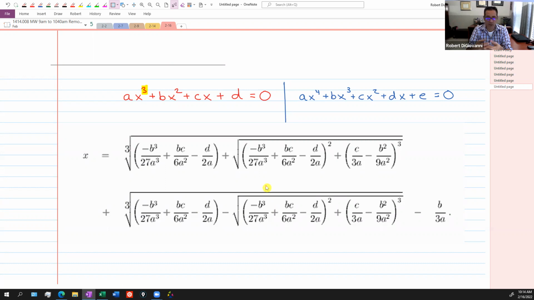I'm not saying we've never been able to discover the 5th degree equation. We've actually been able to prove that it does not exist, that it can never exist. So we only have formulas up through the first 4, and that's it. After that, no equations exist, which is pretty weird, I think. It's strange.